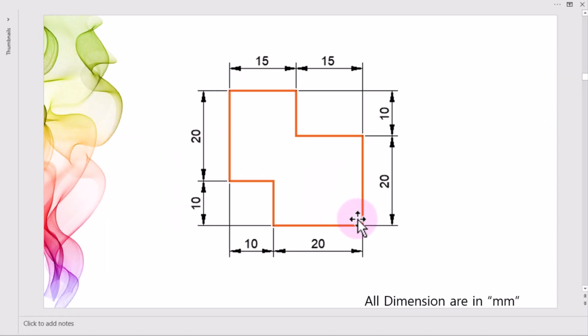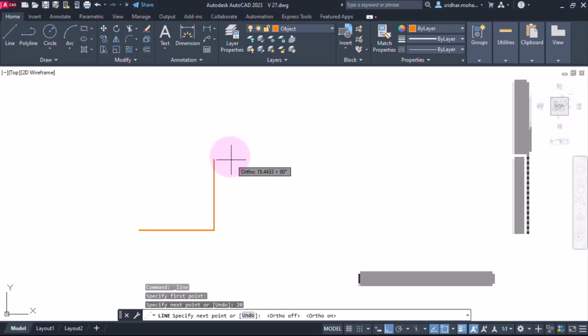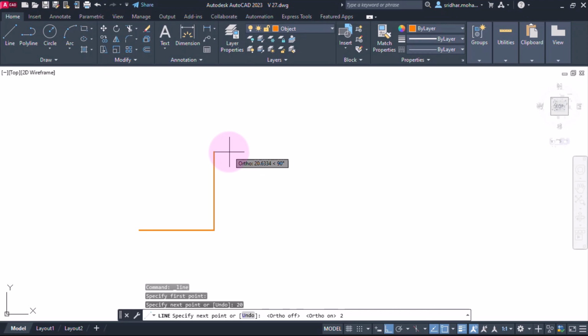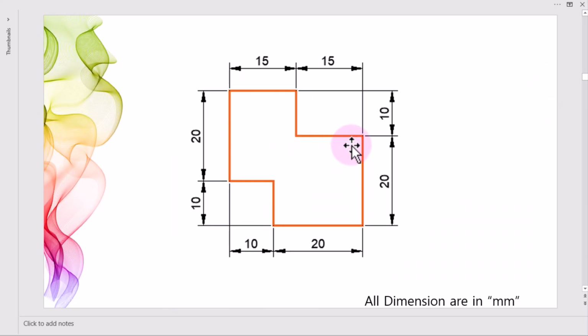So next, again I want to move upward, the same 20 mm. So I move the cursor upward, it means 90 degree. Again I type 20 enter. After that, the line moves to the left side from my previous point, 15 mm.